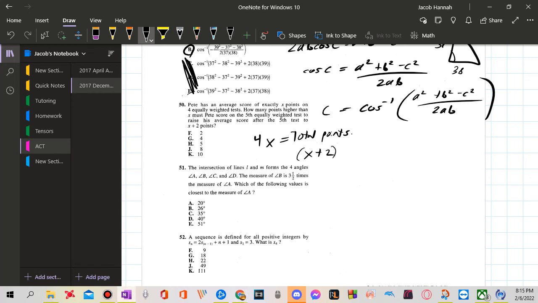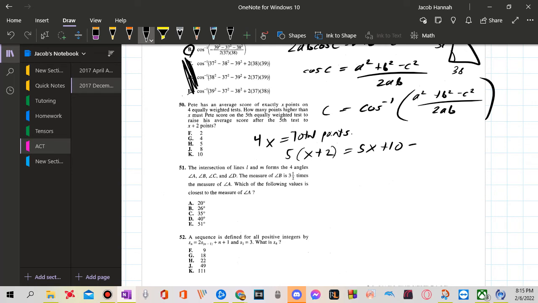Alright, so if this is the average that he wants after the 5th test, then we're going to do the same thing like we did for X. We're going to times this by 5. That's going to be 5X plus 10. So to figure out what we need from here, we minus this from his total average. So this is his new total average.